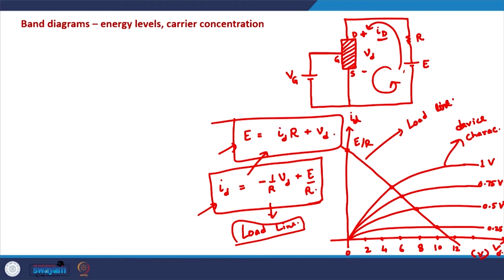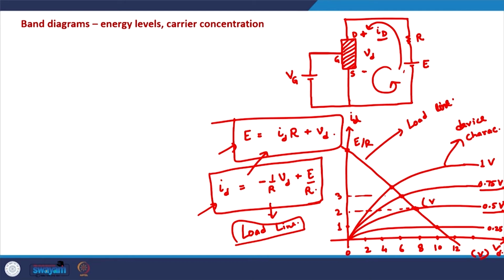So as we can see, let us say we change the gate voltage from 0.5 volts to 0.75 volts. It means that now the device characteristics is shifting from this point to this point, and at this point the ID value is, let us say, 2, here it is 3 milliamperes or anything, we are just talking qualitatively.